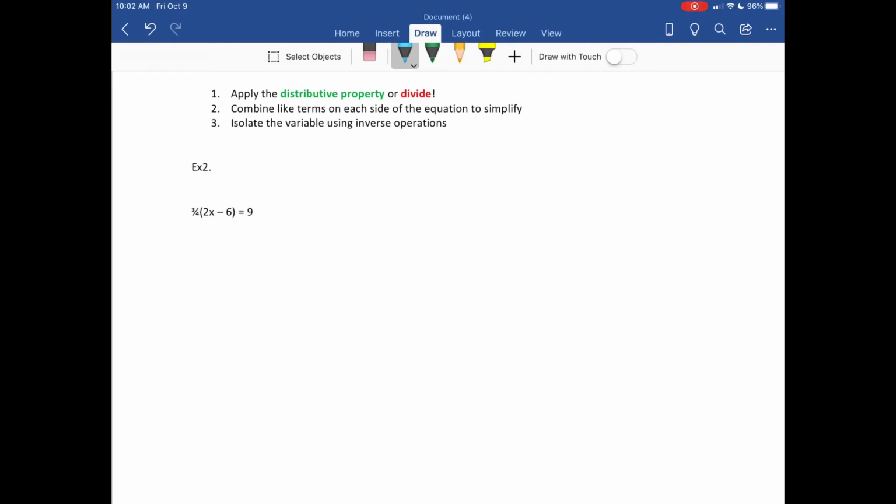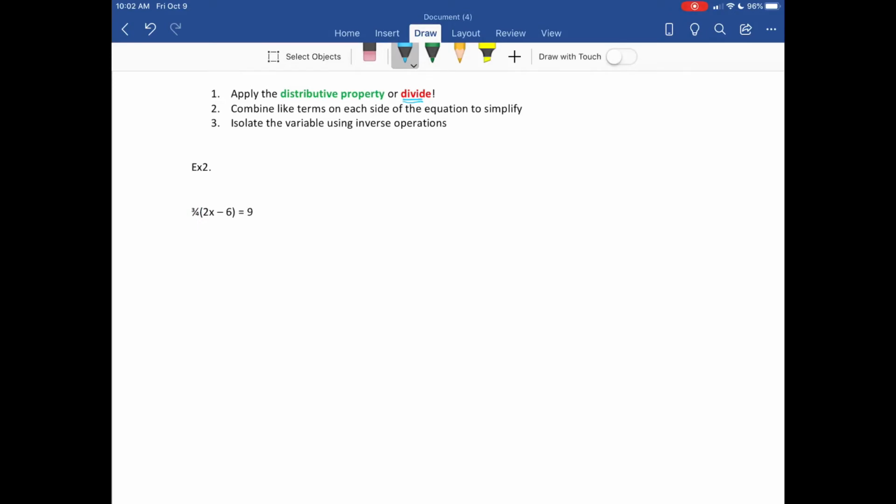Now let's look at example 2 here. And again, we have the option of either distributing or dividing. And I am taking note of the division part because the entire left side of the equation is being multiplied by 3/4. So in this case, I could either distribute, which would be a little bit messy, or I could get rid of this fraction by some other operation.